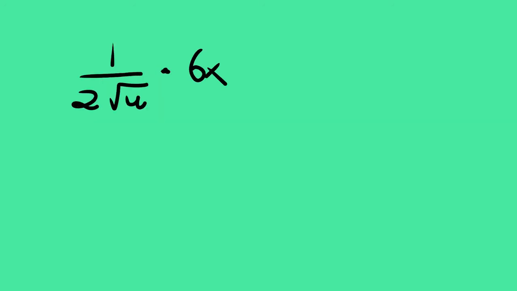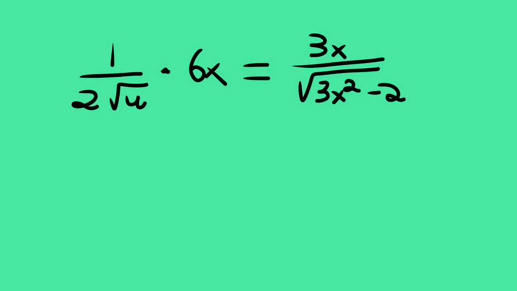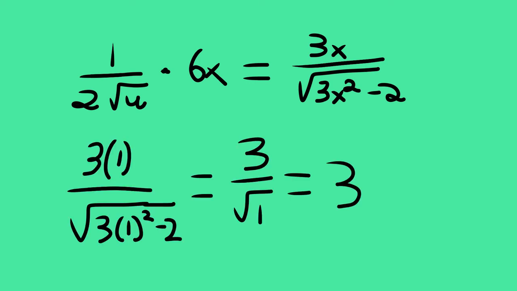So you've got 1 over 2 root u, times 6x. So then you multiply that out and divide by 2, and you're left with 3x over the square root of 3x squared minus 2. So you just replace all your x's with 1's, and you're left with 3 over the square root of 1, which is just equal to 3.